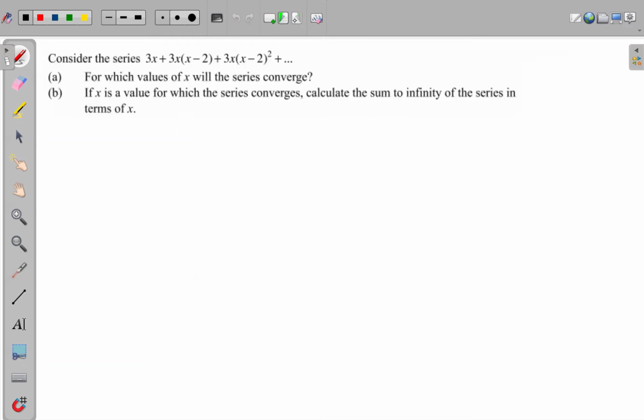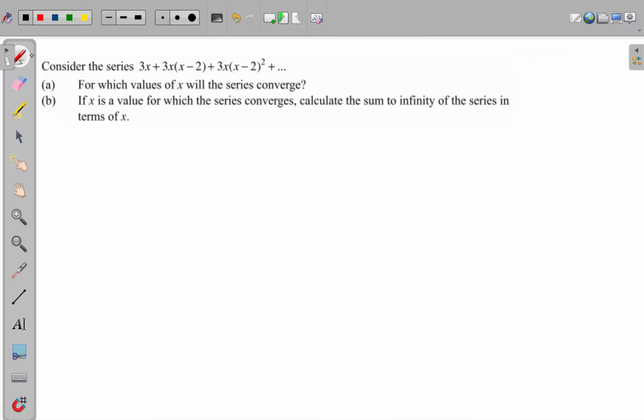Right. Another one, a classical one, solve for x. We are given a series in terms of x, and we are asked for which values of x the series will converge. We know if a series is going to converge, then the ratio must be between -1 and 1. So we need to find the ratio in terms of x.